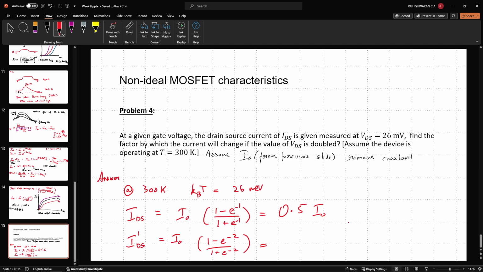That will come out to be 0.76, but I'm approximately writing it as 0.75 I naught.